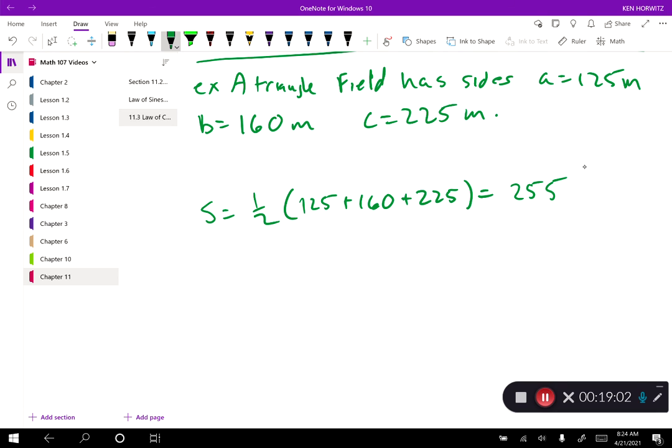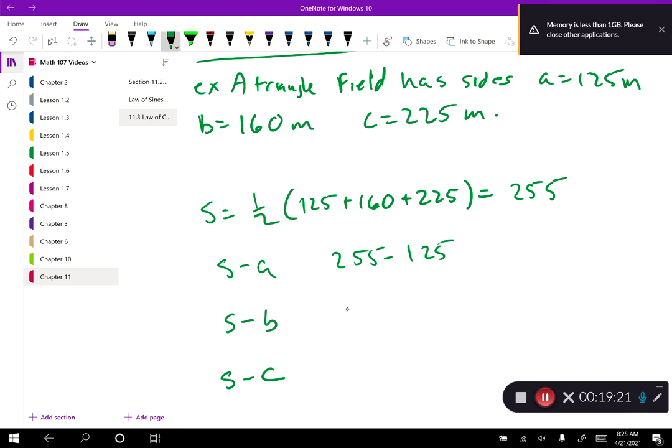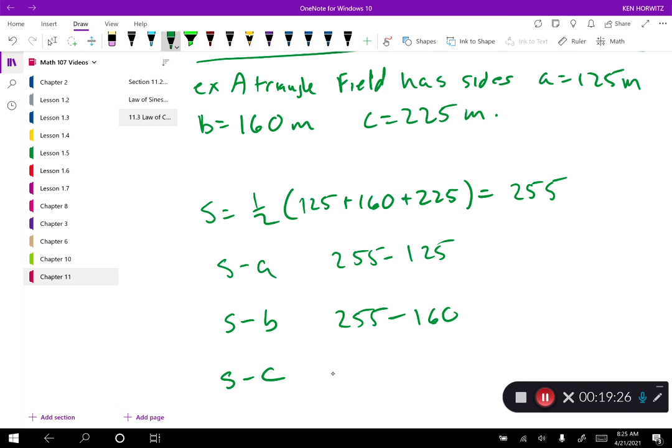I personally like to do a lot of my math before I plug into the formula. So I need numbers like S minus A, S minus B, S minus C. That would be 255 minus 125, 255 minus 160, and 255 minus 225, excuse me.